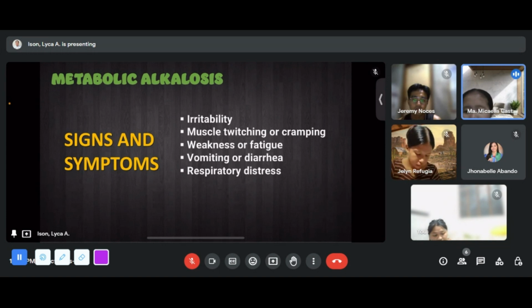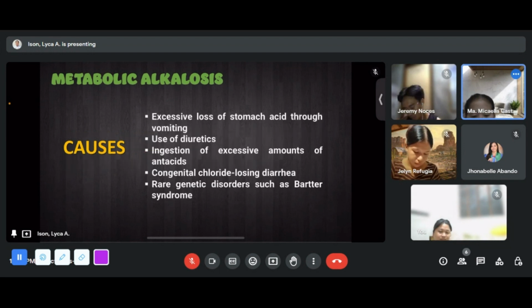Next. Causes is excessive loss of acid through vomiting. So, metabolic alkalosis can occur when a person vomits excessively na nagdudulot ng loss of stomach acid.